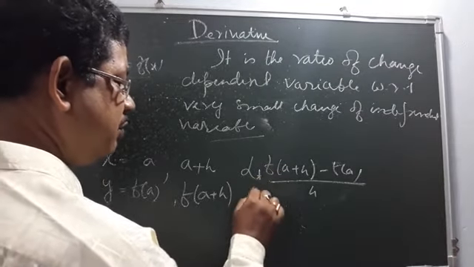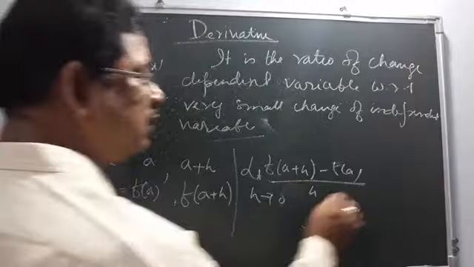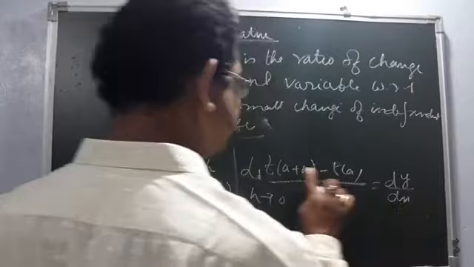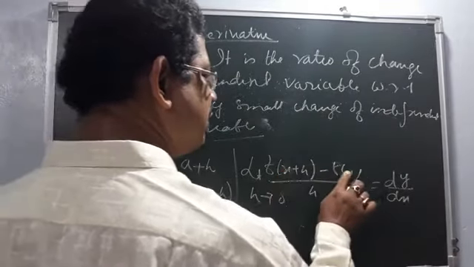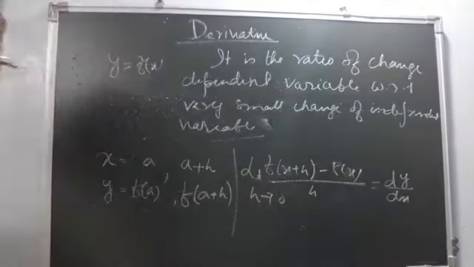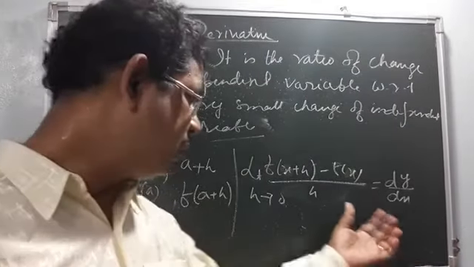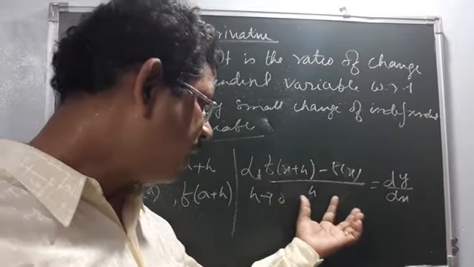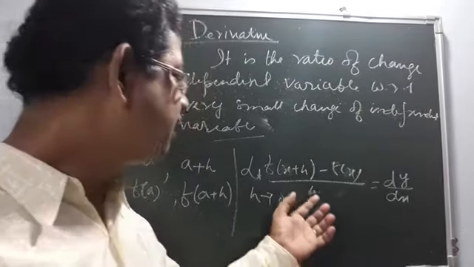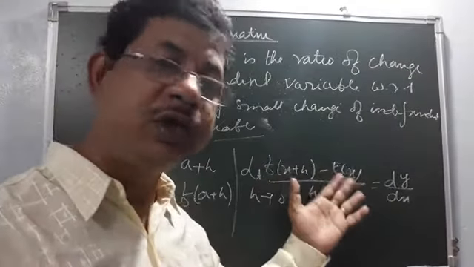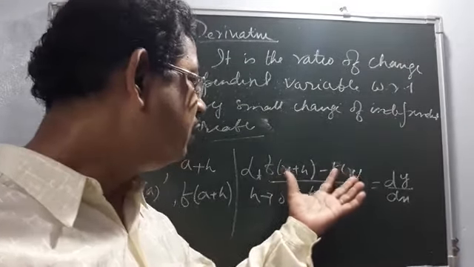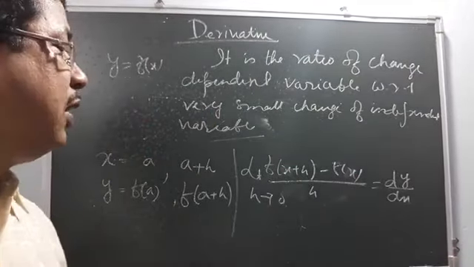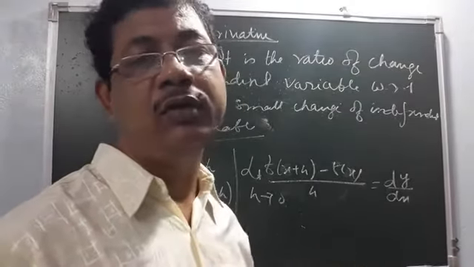Then if we give a limit h tends to 0, that is our derivative of y with respect to x. If we put x here, then dy/dx: the x, if we increase by h, then f(x) also changes. That change divided by change in x, that ratio is called the derivative. And this has a special name called first principle.